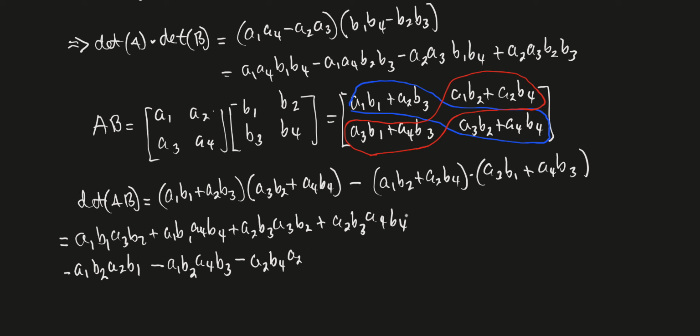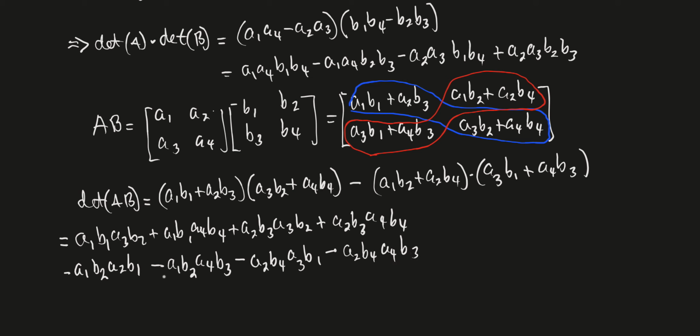Actually, that's A3, not A2, because that's a 3 from right here, so this is a 3. And the last term is minus the last one here times the last one here, so A2 B4 times A4 B3.